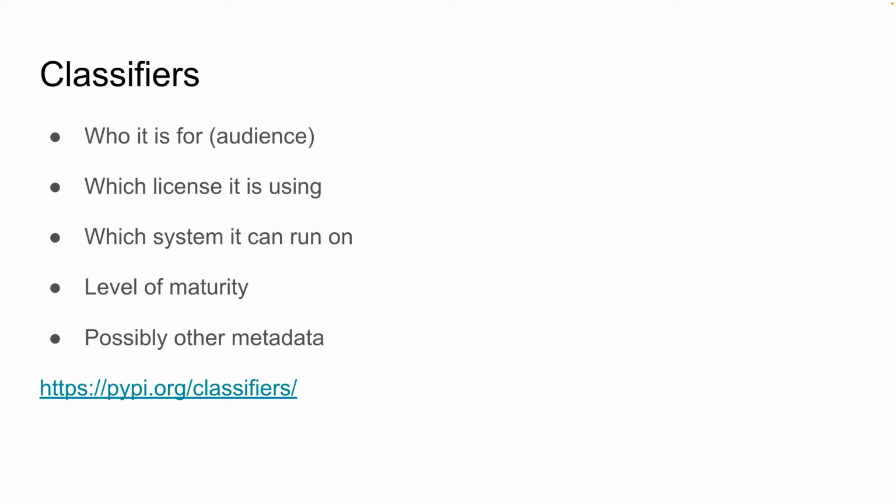Actually, you can also look at the version to kind of determine that, because, for example, if the package doesn't have a major version yet, just the minor or bug fix version, it's probably not quite ready for production use. But that's kind of not very direct evidence. Possibly you can specify some other metadata in the classifiers.